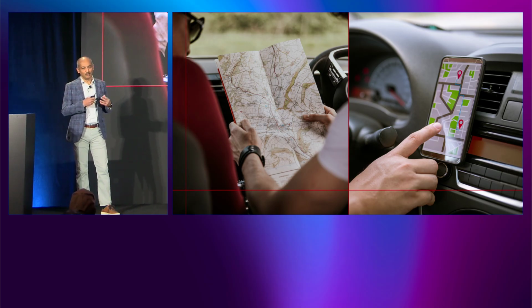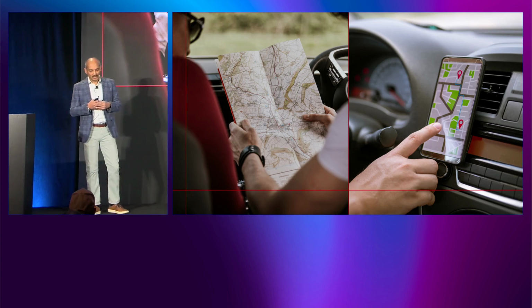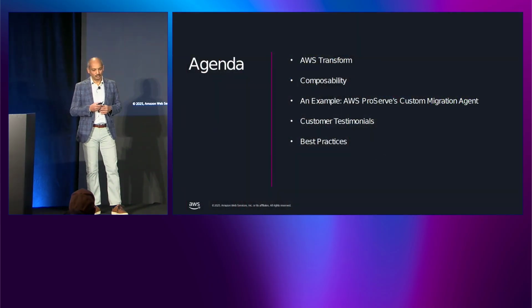After that, I built no-code, low-code services that made it easier for even non-technical folks to build AI and ML models in the cloud with SageMaker. And now I lead AWS Transform migration service. It's the first agentic AI service to help you migrate to AWS. So I'm very passionate about making it easier for you to move to the cloud.